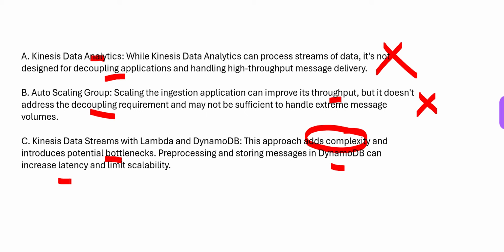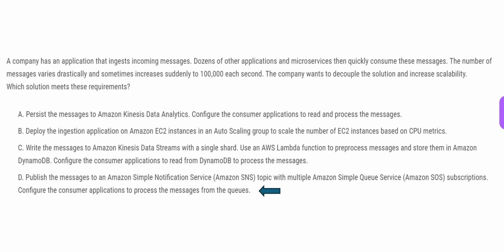Latency should be reduced. That means it should be fast. The moment you type a website name, it should appear very fast. So option D in this case, like I told, if you don't want to understand so many things, the moment you see decouple solution, just think of SQS. Simple.